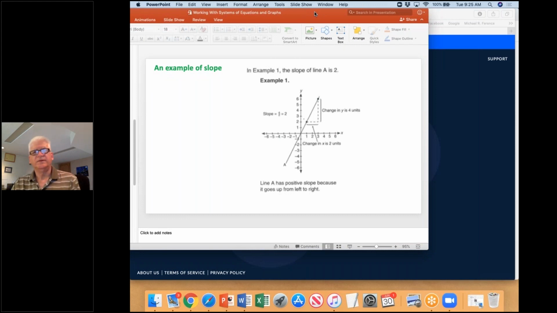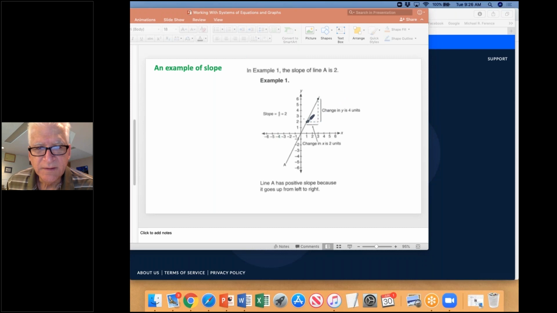Okay. So this slide here is an example of slope. You see, it's a straight line, similar to the ones I've shown. In this graph, it's going 2 over and 4 up. You always put the change in y on the top.